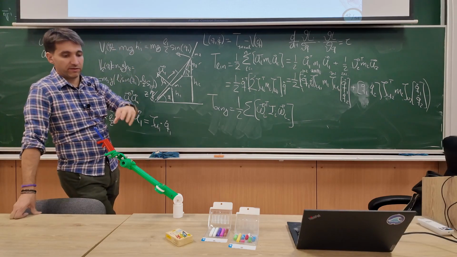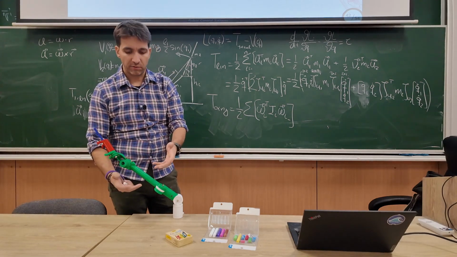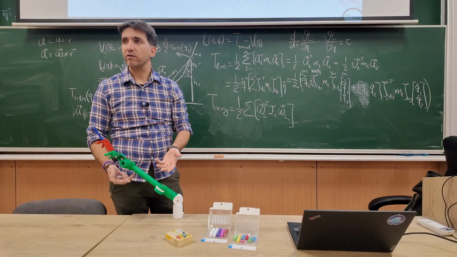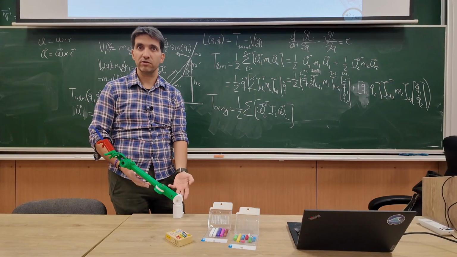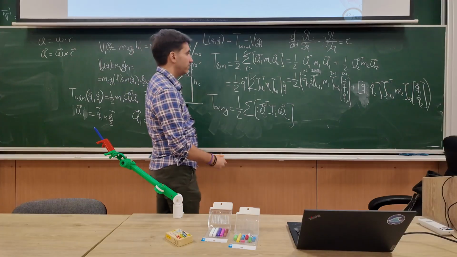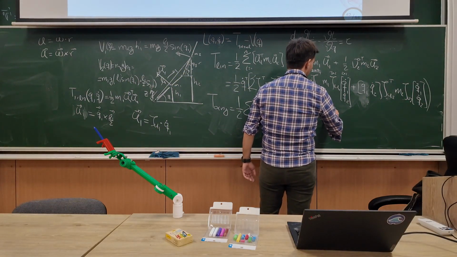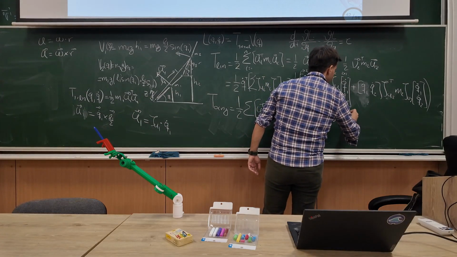Again, it's not the masses, because now I don't have point masses, because point masses don't have angular momentum, but it's of the whole link. How do I calculate the angular velocity as a function of joint velocities? The Jacobian, the other Jacobian, right? I can use omega_i, the angular Jacobian times q dot.